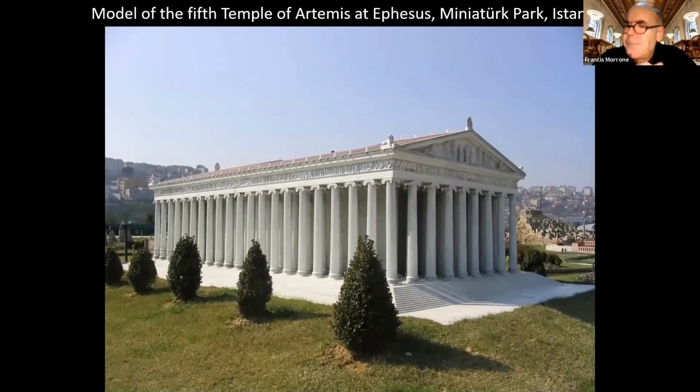Ephesus was in Turkey. And the fourth temple of Artemis at Ephesus is the one which actually has the pride of place in architectural history for having been one of the very small handful of first Ionic temples to be built. But the fifth, which has been reconstructed here, is actually very similar to the fourth in appearance.